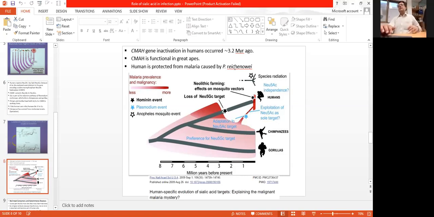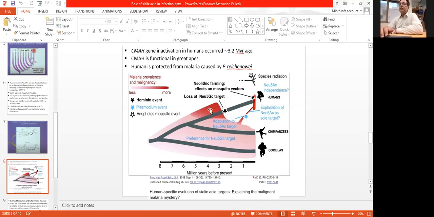The different strains of reichenowi, our ancestors' parasites, were causing malaria, this deadly disease, in the human population. So that trait was selected, it prevailed in the human population, and we got rid of malaria for thousands and thousands of years. We did not get any malaria.